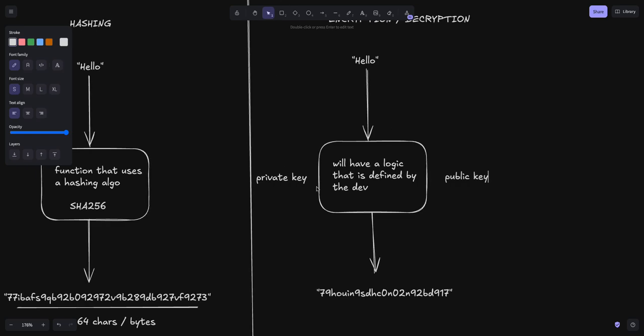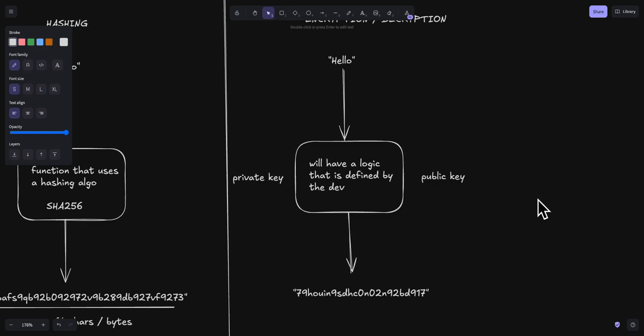Whenever you create a private or public key, it will always be generated in pair. That means this public key is a pair of this private key, and this private key is a pair of this public key. You can't use any other one. Let's say you created a key pair 2 times; you can't merge the public key of another pair here. They have to be in pair.